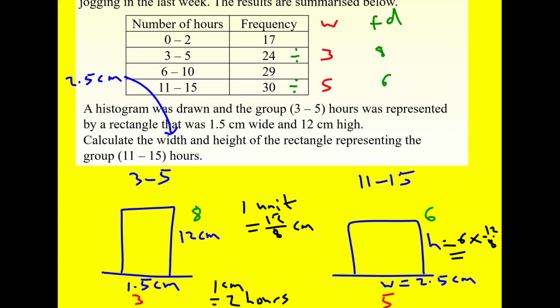And that is equal to 9. I don't know why I did that with a calculator, but I thought it was going to be more complicated. Okay, 9. So the height of the rectangle is going to be 9 centimeters. Okay, brilliant.